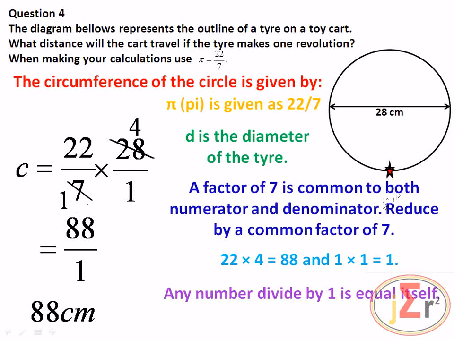It will be the length of the rope that is wound around the circle, and it is going to be the length of the rope that was unwound, and it will therefore be the length or the distance traveled by the wheel of the cart when it goes through one revolution.